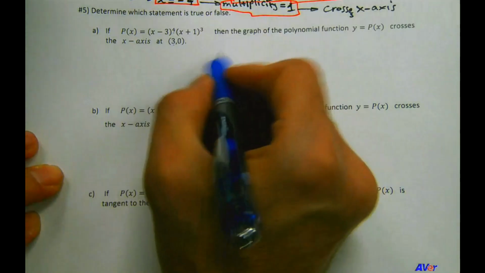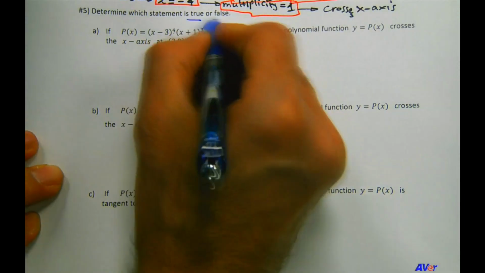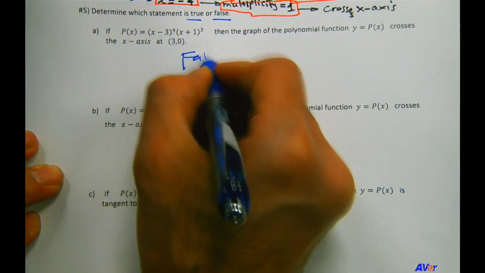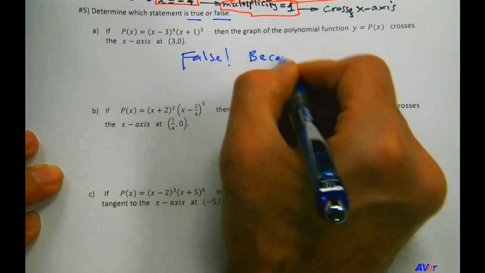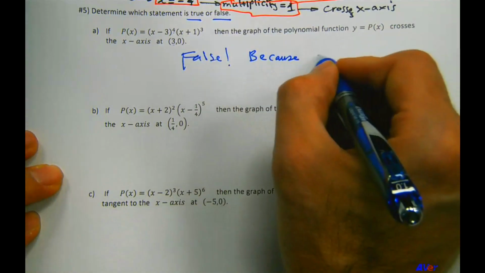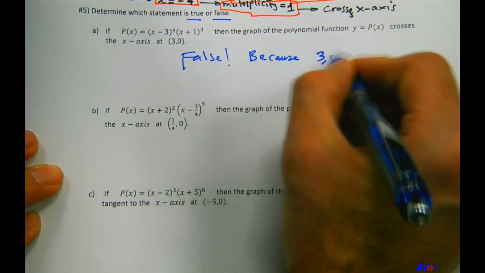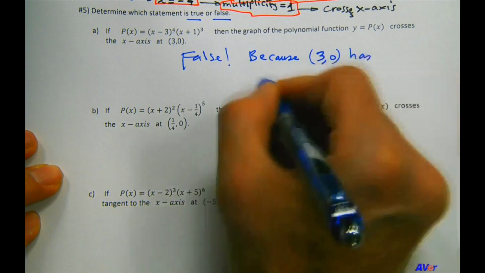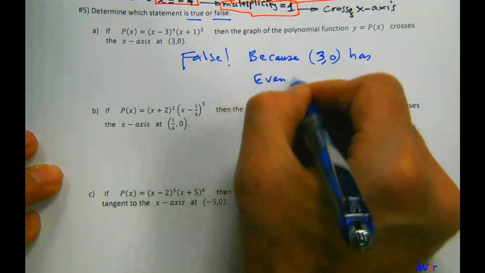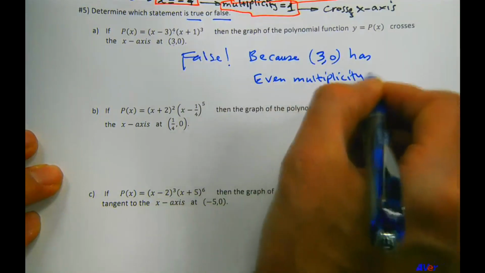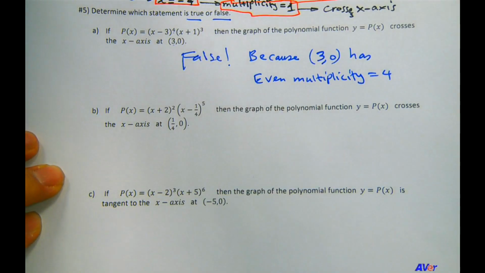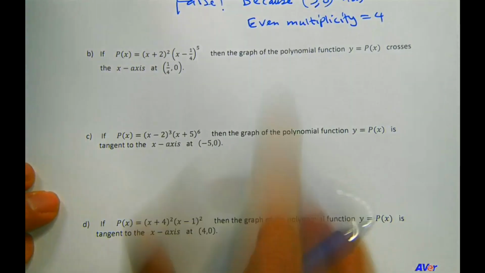They said determine if it's true or false. False, because 3, 0 has even multiplicity equal to 4. Okay? The next one. I hope that matches your answer.